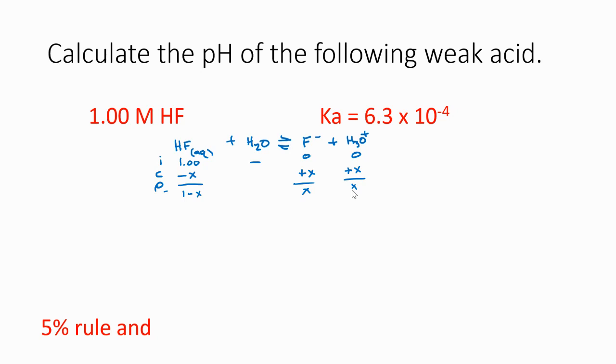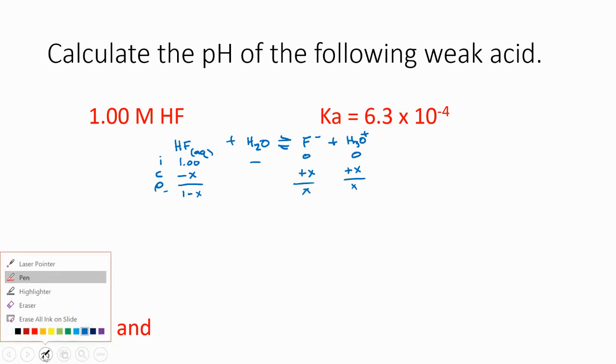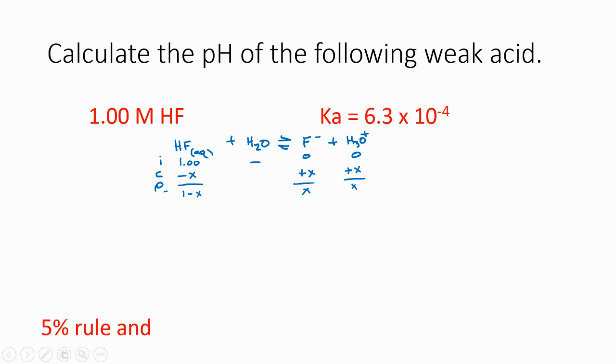We'll see why at the end. But the assumption that we're going to make in order to simplify this problem in the beginning is this. We're going to suggest that this minus x right here is so small compared to 1 that essentially at equilibrium, this is going to be equal to 1.